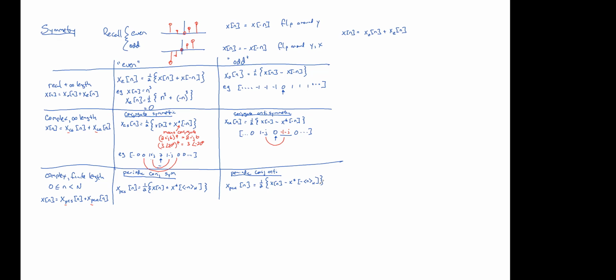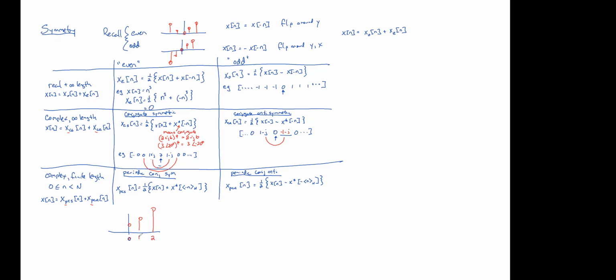So let's talk about what this means intuitively first. And why do we even have to introduce this idea about periodic? And why can't we just keep it conjugate symmetric? Here's an example of a very simple finite length signal.